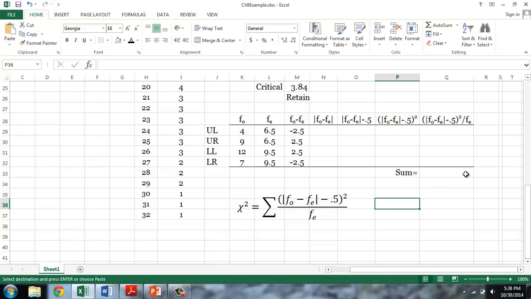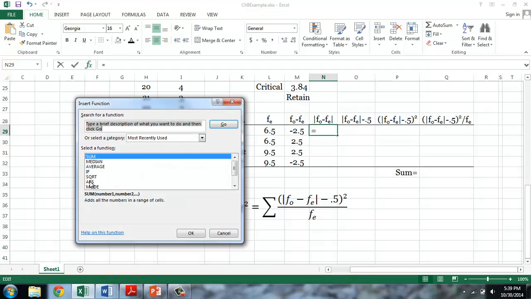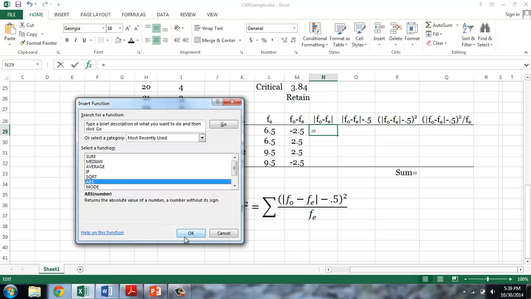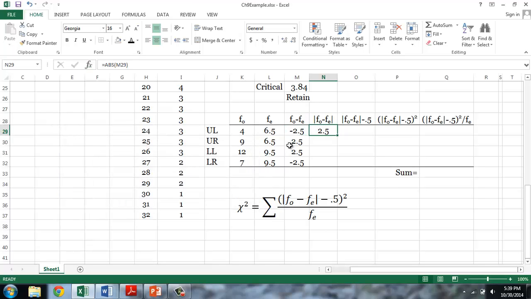But then we need to alter our calculations. The first thing we'll do after calculating a deviation score is to take its absolute value, which means we get rid of any negative signs. You can do this by hand or by using the Excel function ABS and selecting the appropriate cell.